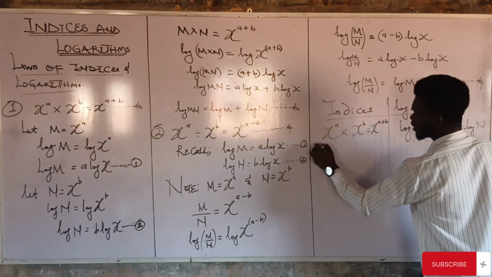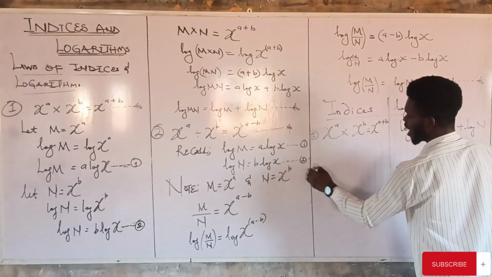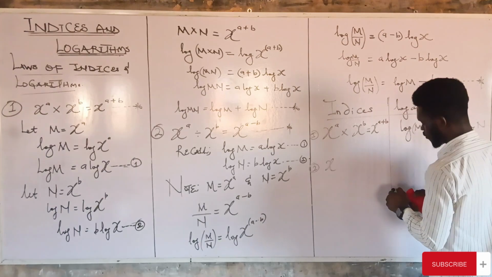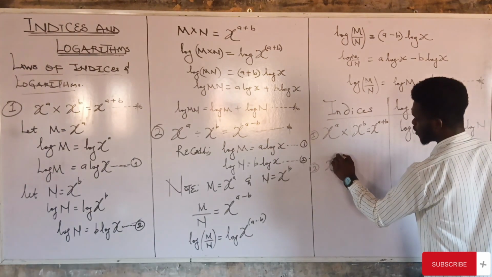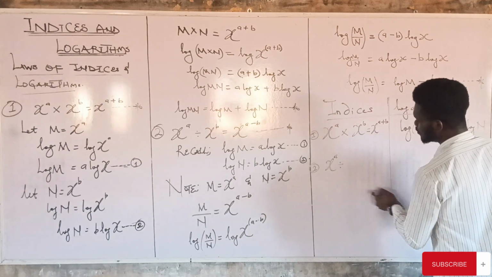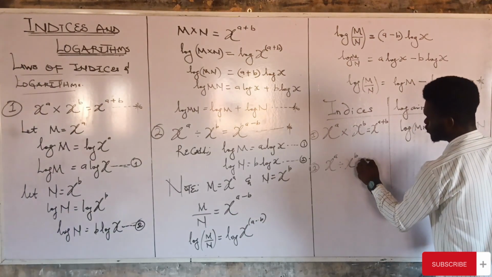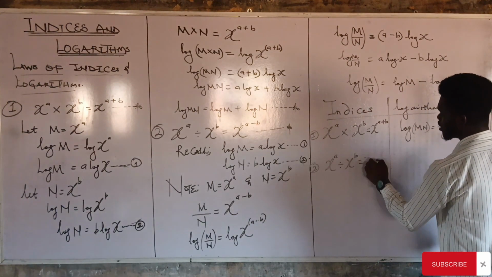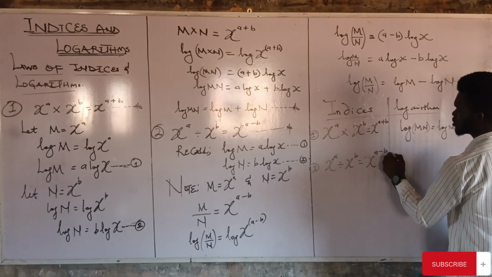And so also the other law, number 2: x to the power of a divided by x to the power of b would be equal to x to the power of a minus b.